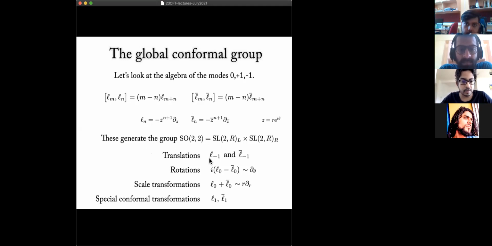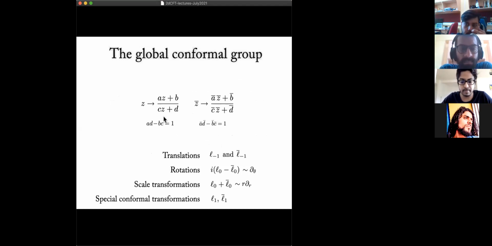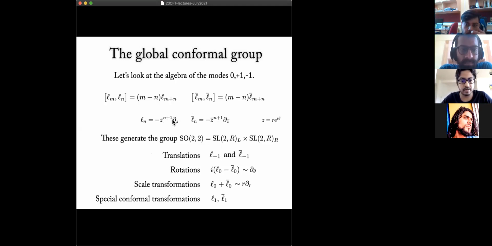It can be seen that the translations correspond to these modes. If you take minus 1 over here, you just get del z and del z bar, which corresponds to translations. Similarly, rotations correspond to this combination. You can go to polar coordinates, and you can use these forms of the derivatives, and this takes this form, just like angular momentum.